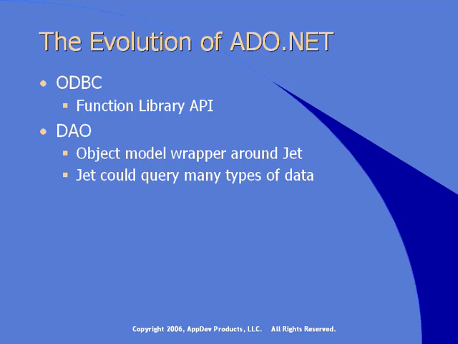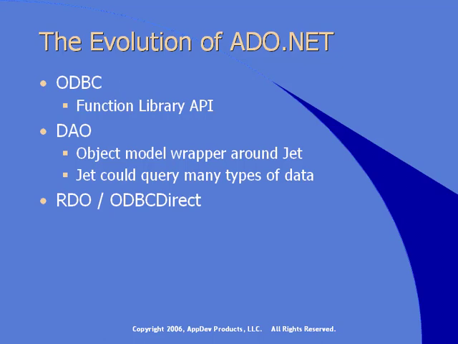Well, soon after that, the ODBC programmers started to lust after that nice programming model that they saw in DAO, so we had something called RDO, or Remote Data Objects.